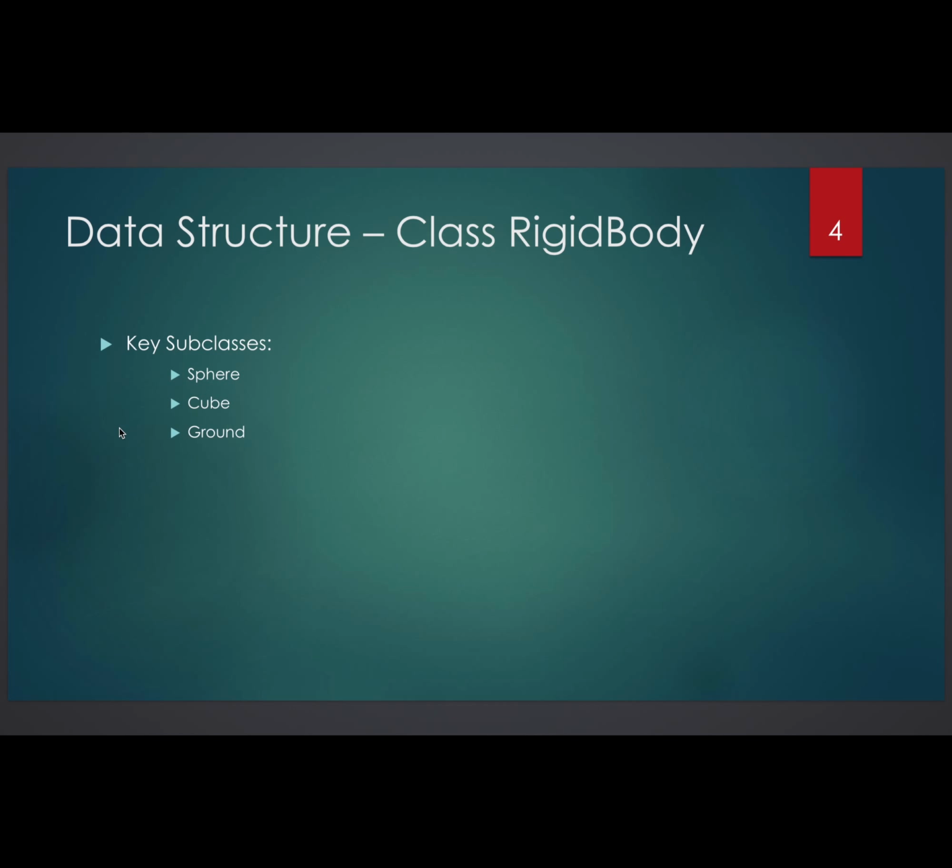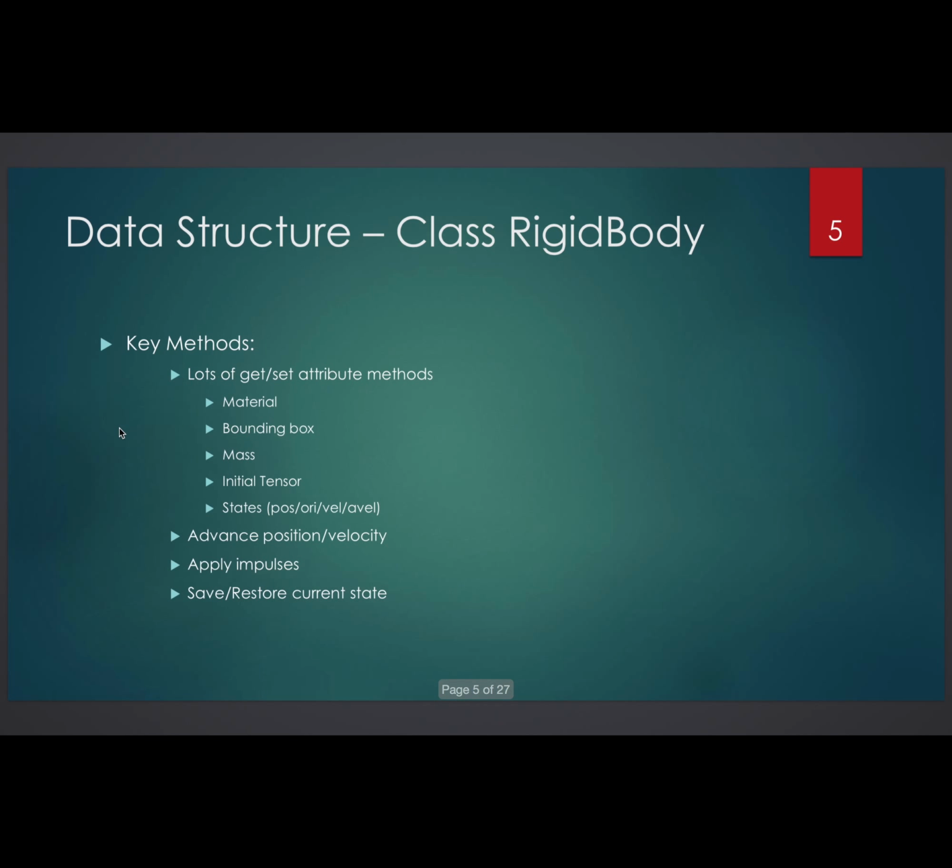These are the objects you can see in your world scene. There are a lot of useful methods in the rigid body class. You'd better take a look at the header file, where there are instructions for useful functions, and making good use of them can save you a lot of time.